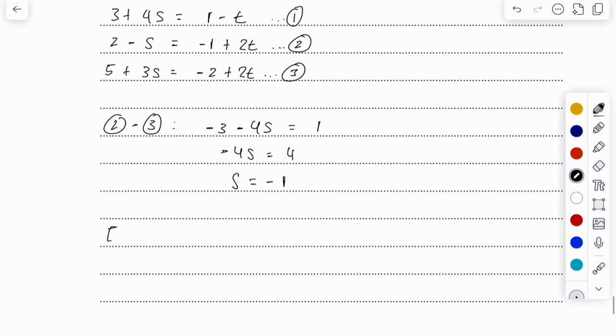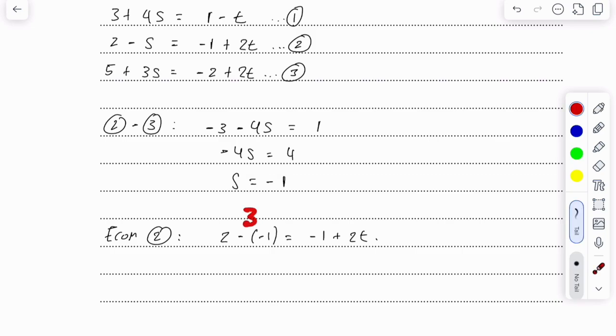Brilliant. So from equation 2, we know that 2 minus 1 is equal to minus 1 plus 2t. So therefore it gives us 3, add 1, so 2t equals 4.